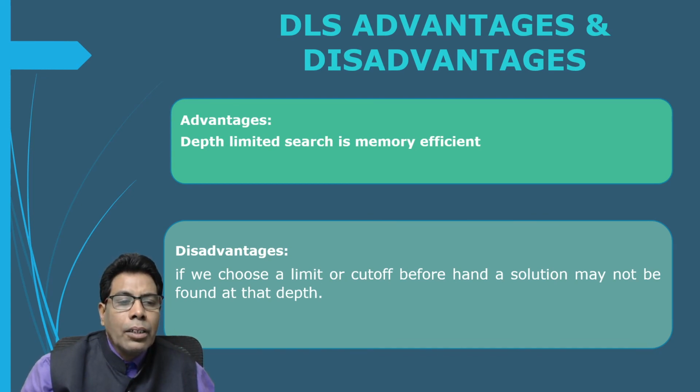So if the depth is unknown and we choose a value of limit or cutoff less than the depth D, then in that case we may not get the solution. That's the disadvantage of the DLS search algorithm. Then to overcome this disadvantage, we'll study the depth first iterative deepening search in the next video.